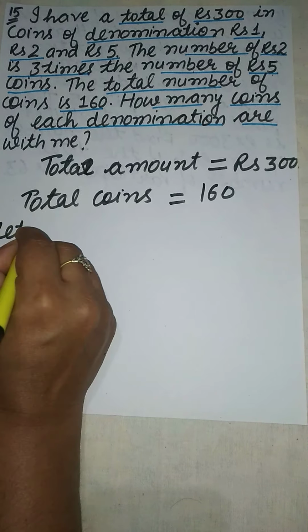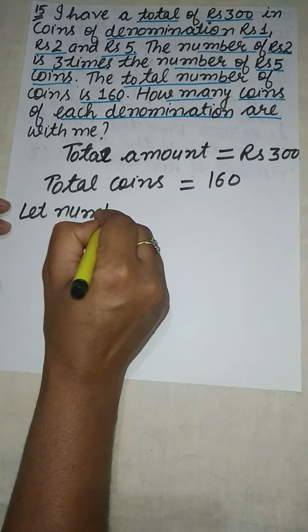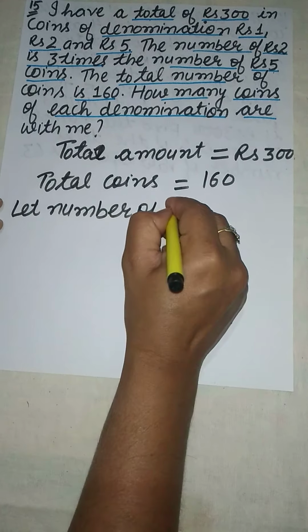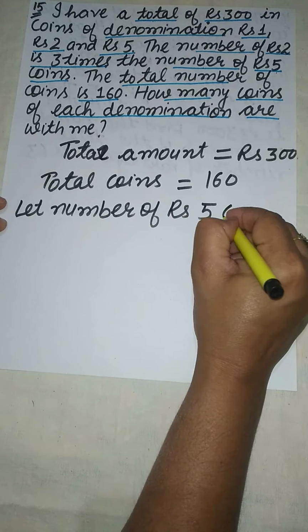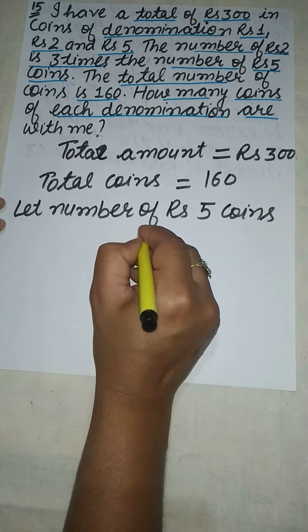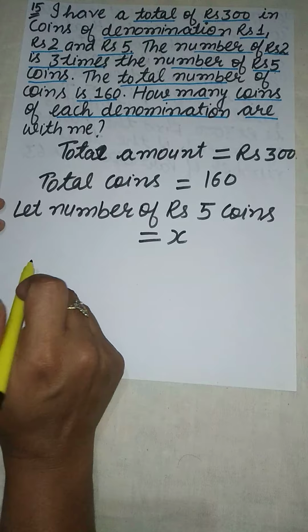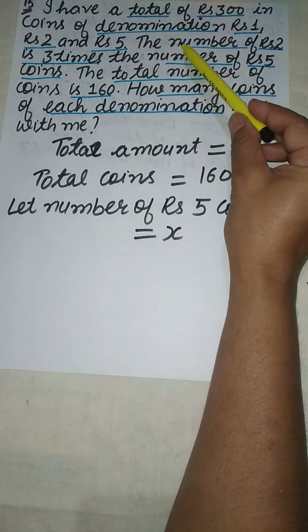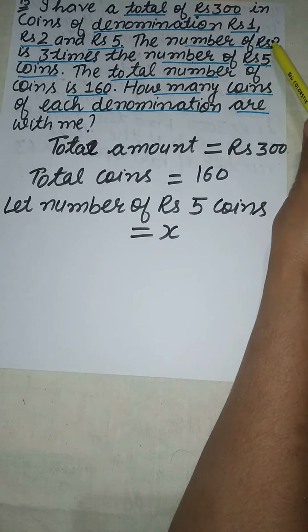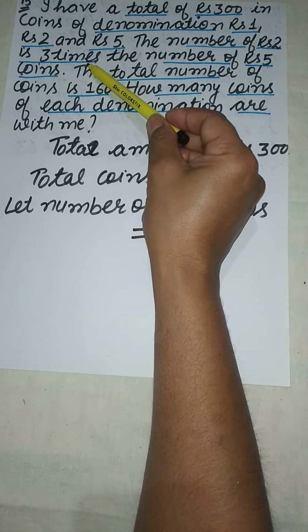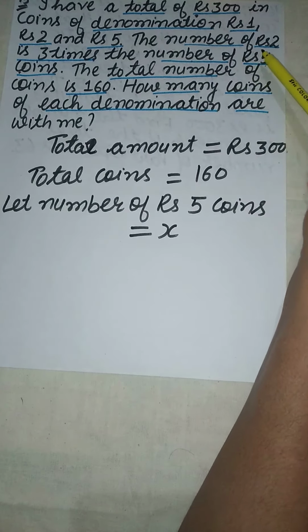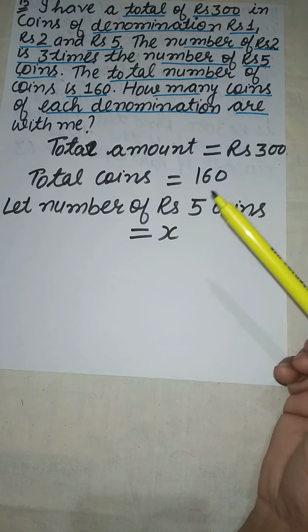Now let the number of rupees 5 coins be x. Now the second is the number of rupees 2 coins is 3 times the number of rupees 5 coins.